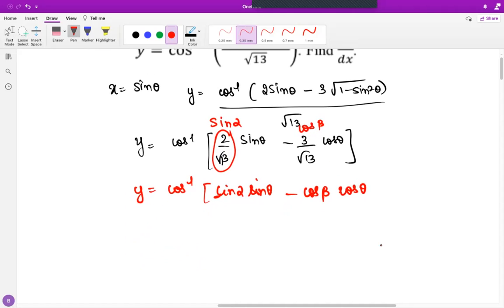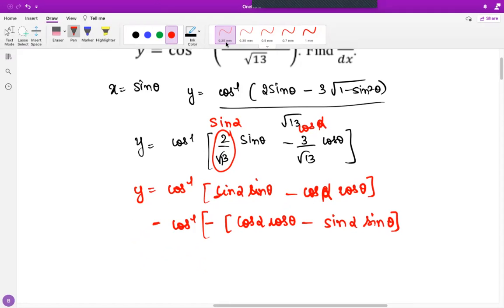Just take the negative sign: negative of cos alpha cos theta minus sine alpha sine theta. Because of the formula, we can write it as negative of cos of theta plus alpha.